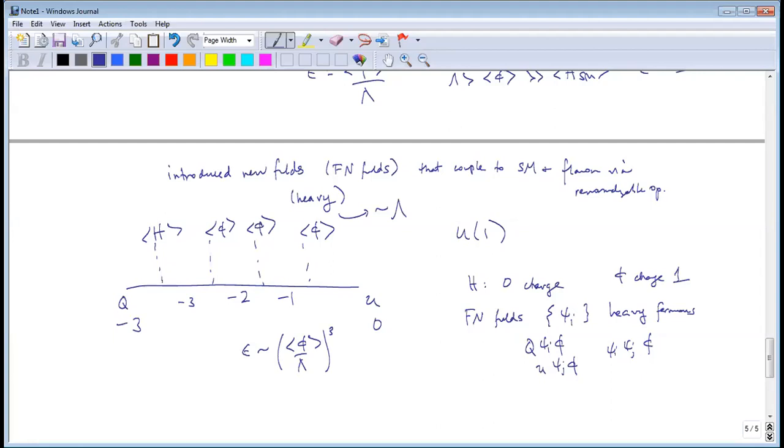They call these things spaghetti diagrams because it looks like pieces of spaghetti flying up there. If you're dealing with more UV complete ideas, including string motivated objects or maybe grand unified theories, then often you're going to have these higher dimensional operators there anyway, suppressed by some string scale or the GUT scale.